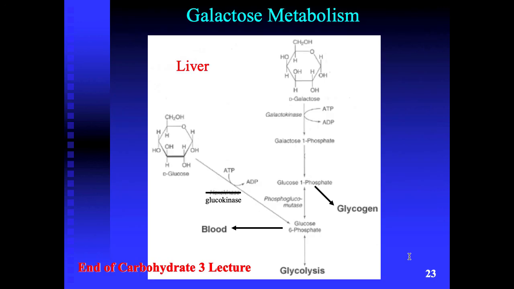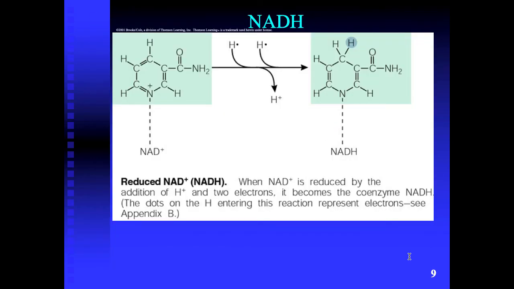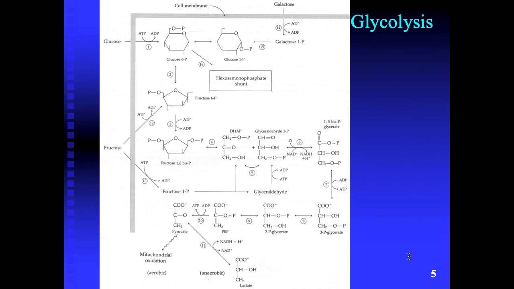And now let's compare that to galactose. Now here's galactose. And if we, again, go back to this, here's galactose, becoming galactose 1-phosphate, and then glucose 1-phosphate. See what it did? Converted from galactose to glucose.